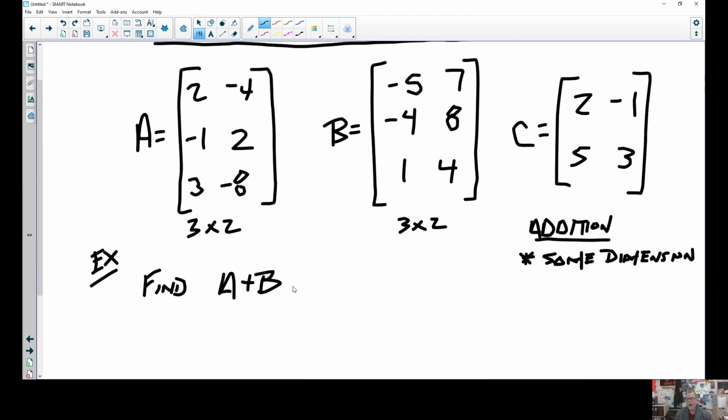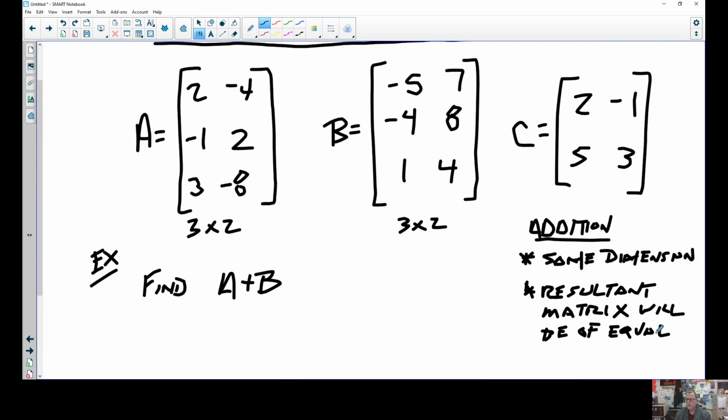And let's do that. Now, with addition, the resultant matrix will be of equal dimension to the originals, all right?